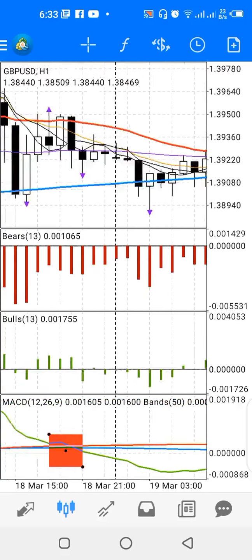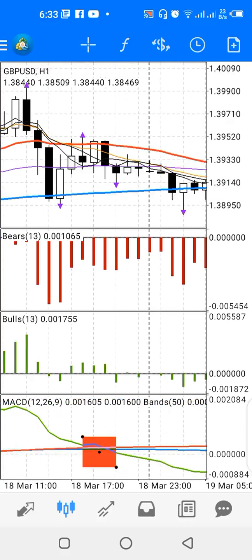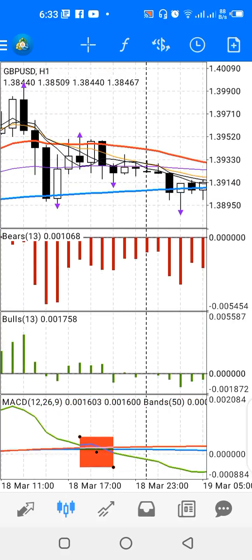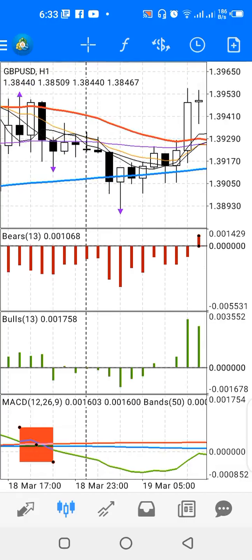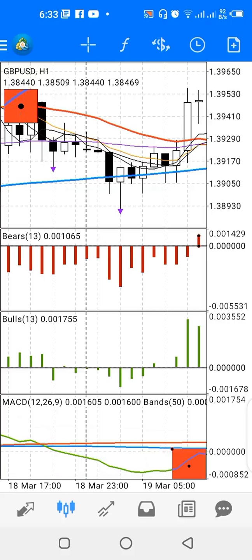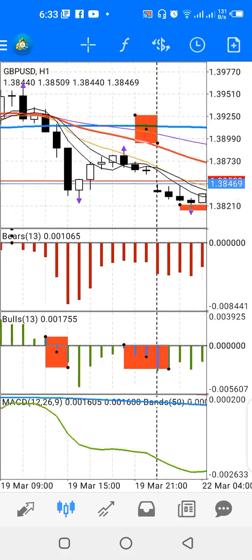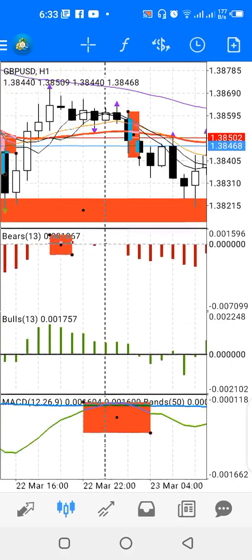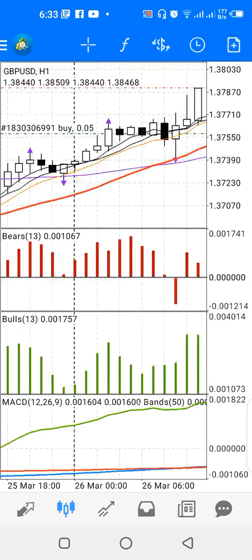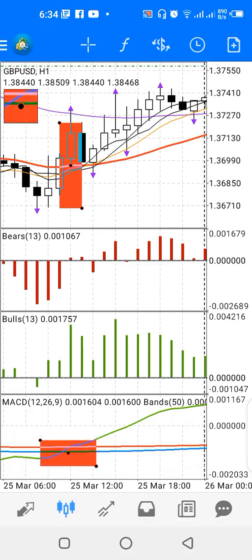And for indicator window 3, when the green line crosses below the red and the blue line, like you have around here, you look for sell signals. As long as it stays below the red and blue line, you look for sell signals. And for buy signals, when it crosses above, like we have around here, you look for buy signals.